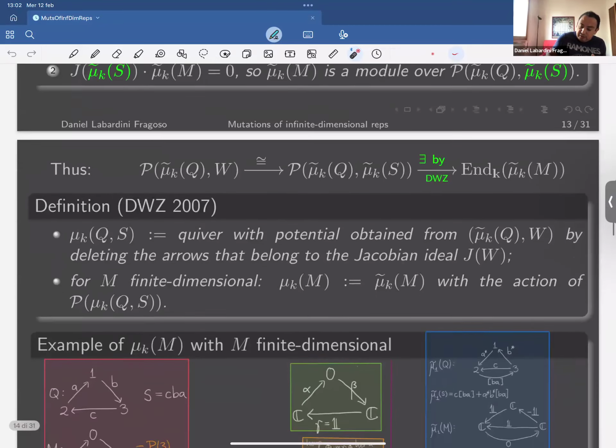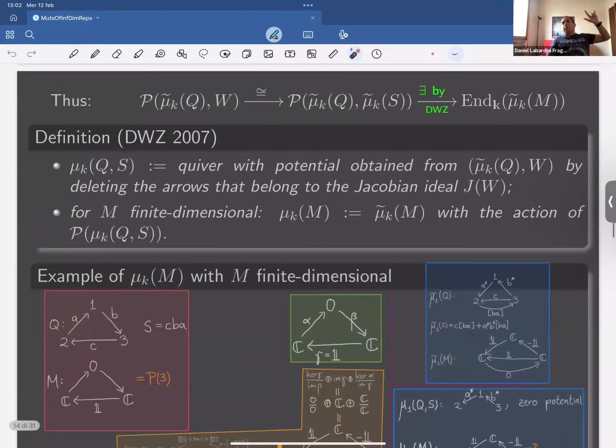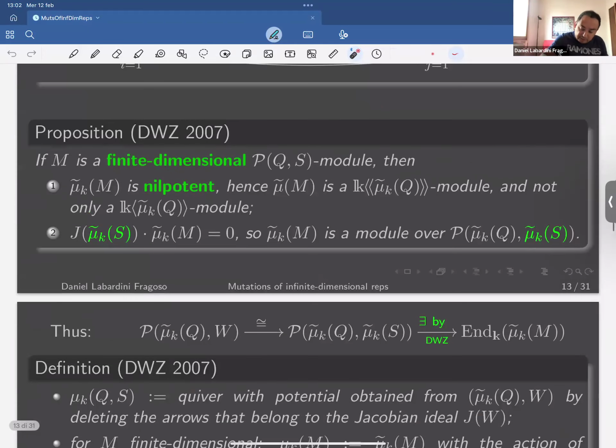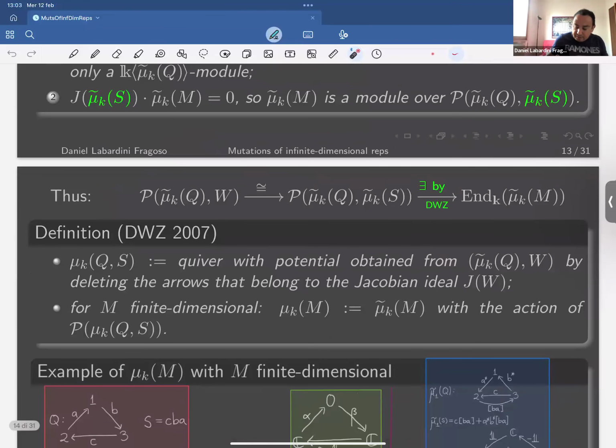Then, with the process of 2 cycle deletion that I gave you in a nutshell some minutes ago, just take the module that you have, and forget the action of those arrows that you can get rid of with the deletion of 2 cycles process.